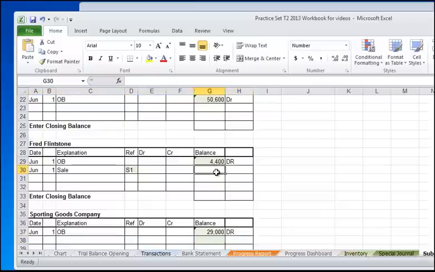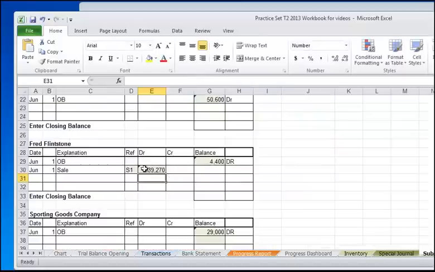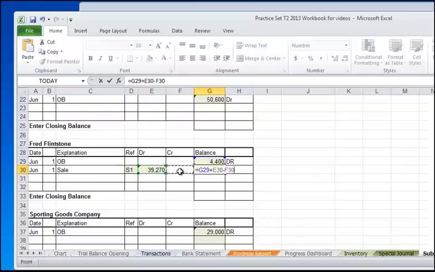The sales journal S1, how much was it? Fred owes us $39,270. So we owed in total our opening balance plus any purchases less any payments equals 43,600. That's still going to be a debit.